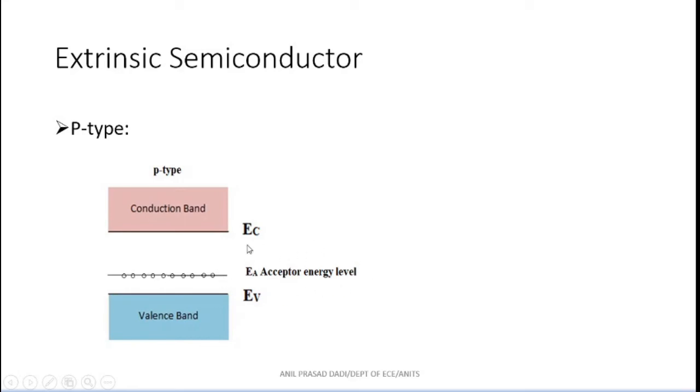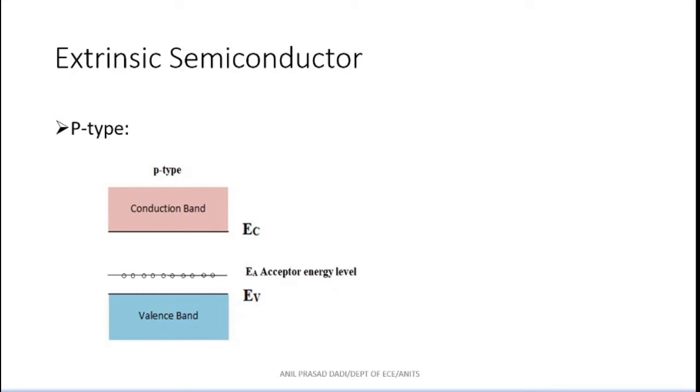But we are not interested in the holes that are there in the acceptor energy level. What we are interested in, we have learned that holes always exist in the valence band, and holes in the valence band only are going to contribute to current conduction.